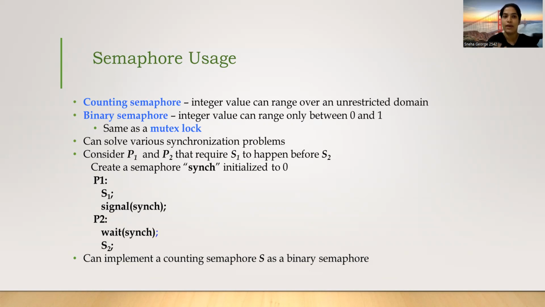Whereas a counting semaphore is an integer value that can range over an unrestricted domain. For example, it can range from 1 to 3 up to n.